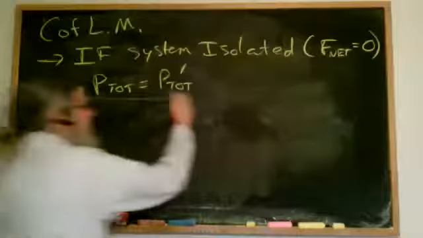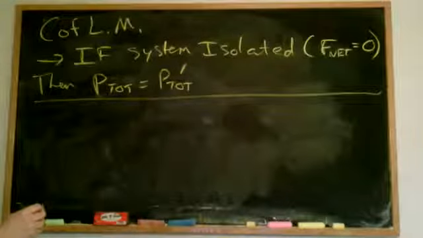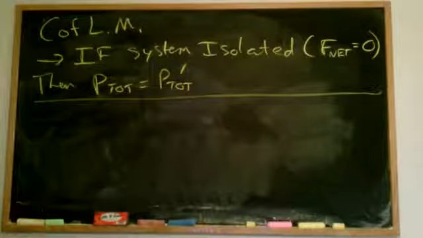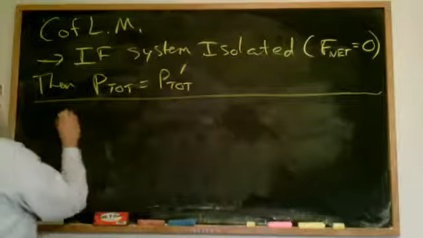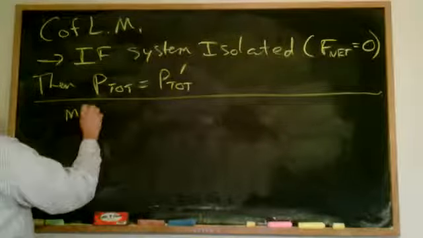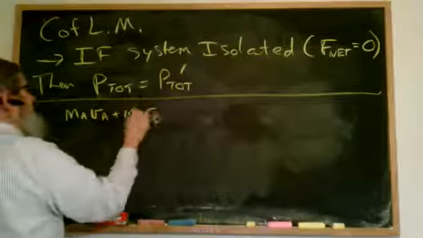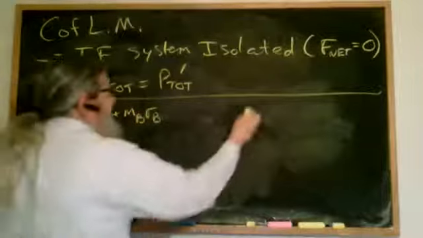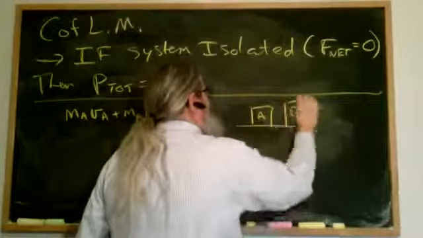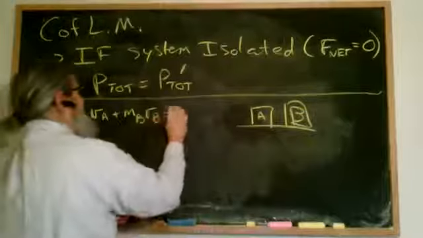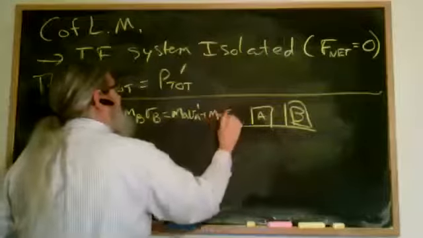So we looked at one example of this, which is the first real example we're going to look at for now, which is a totally inelastic collision. This basically translates to MA VA plus MB VB. If I have a collision, let's just write the collision here. So I've got two blocks, A and B, and they're colliding, and that's equal to MA VA prime plus MB VB prime.